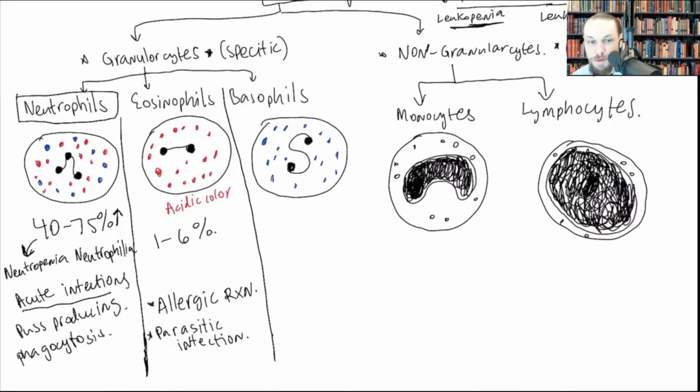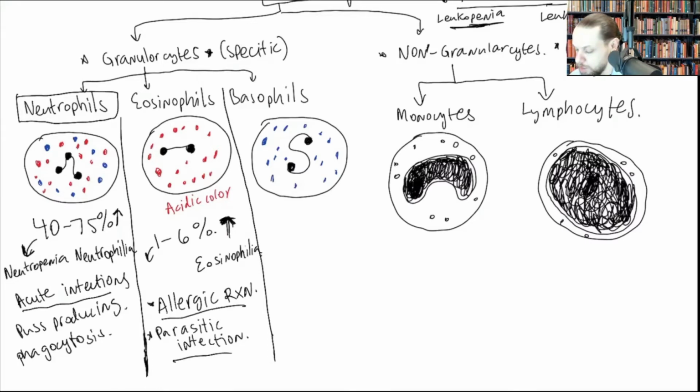Now, when it's below 1%, it's called eosinopenia, but when it's above that, we're still going to keep the same term, we're going to call it eosinophilia. So eosinophilia, the elevation of these, is seen especially in allergic reaction.